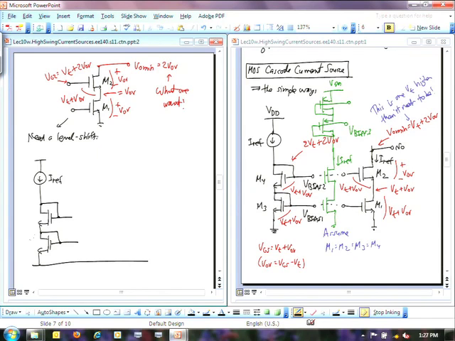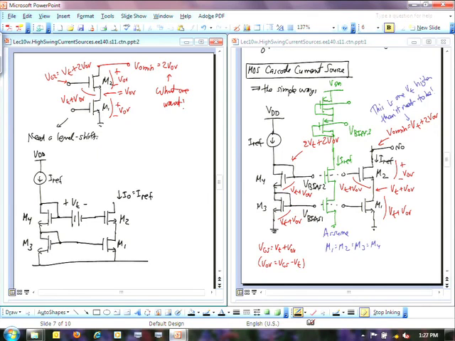But now what I'm going to do is stick in a level shift right across there before I go into this device, M2. And that's all I'm going to add to this thing. That single level shift. I still want my output current to be equal to my reference current IREF.